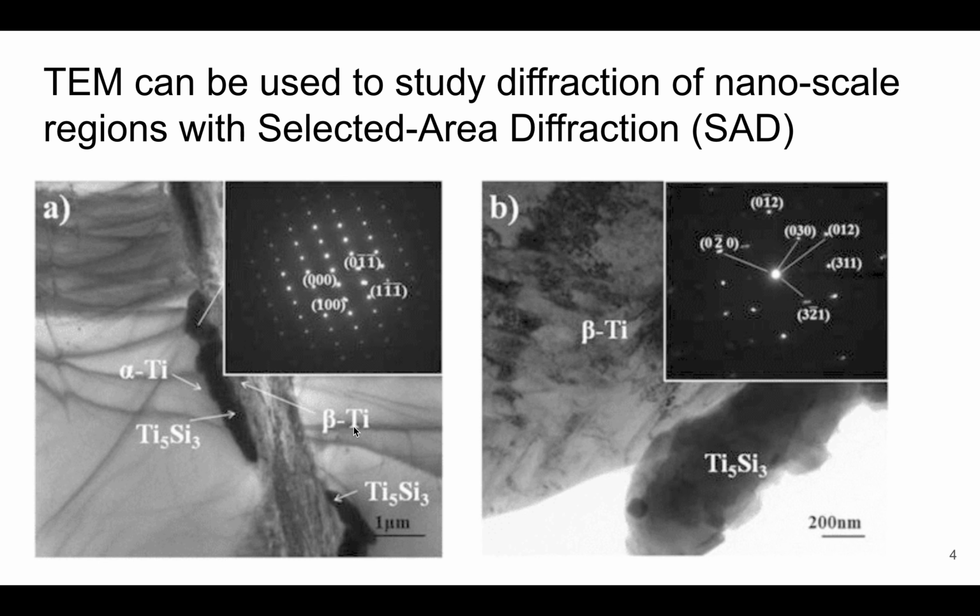Because of this, we call it selected area diffraction, or sometimes SAD. This is a very powerful technique that we can use to look at different regions. We may have different phases or precipitates that have different crystal structures or different crystal orientations, and we get a diffraction pattern from that. That's a very good use of TEM and something that we can't get with SEM.